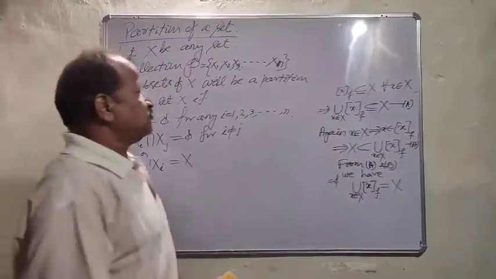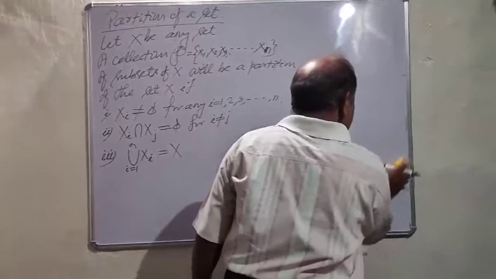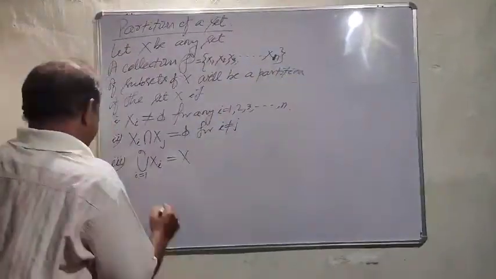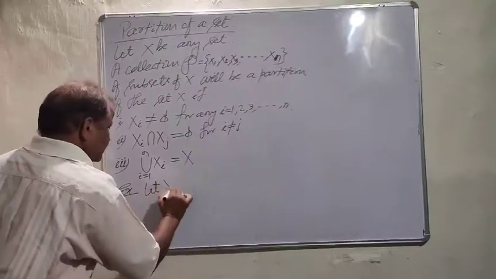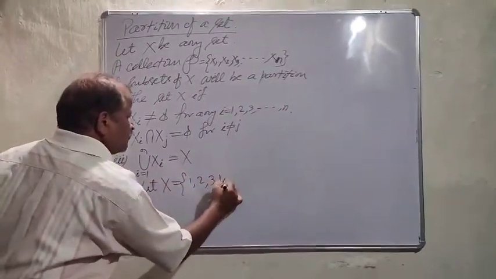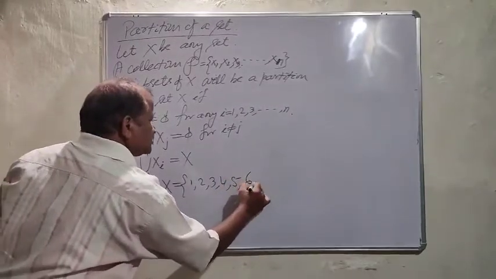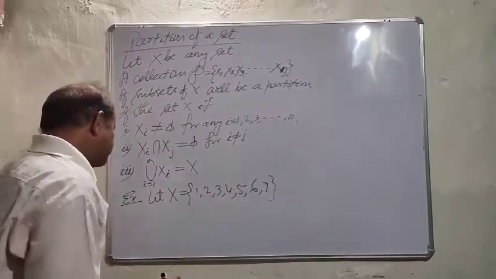Let us take an example so that it will be clear. Suppose our X is equal to 1, 2, 3, 4, 5, 6, 7, right?